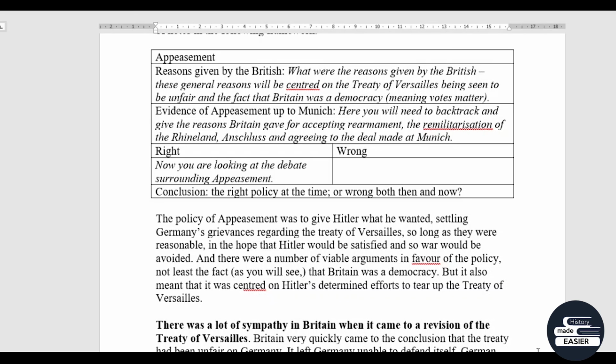The reasons for it, overarching reasons and specific reasons, the debate about whether it's right or wrong, whether it was ever right or wrong, and with that final question to ask ourselves, was it the right policy at the time, or was it wrong both then and now? So there you have my overview of appeasement, and I think it covers just about every question you could expect to get in your exam.